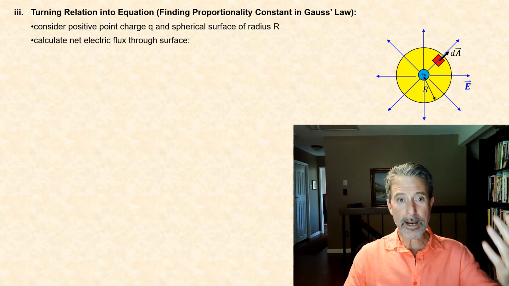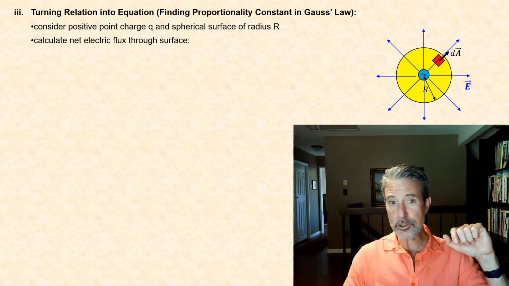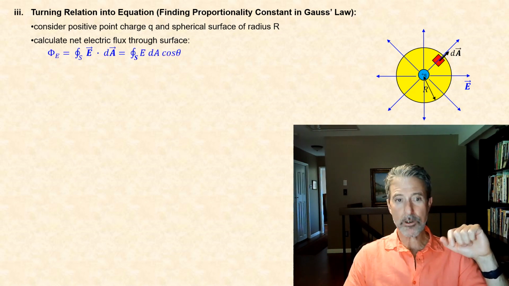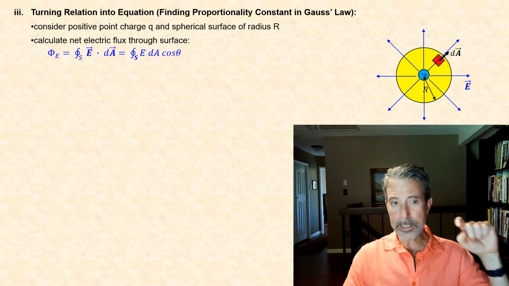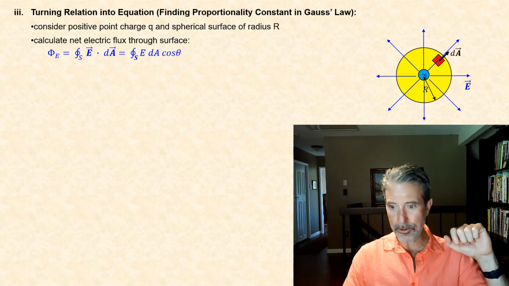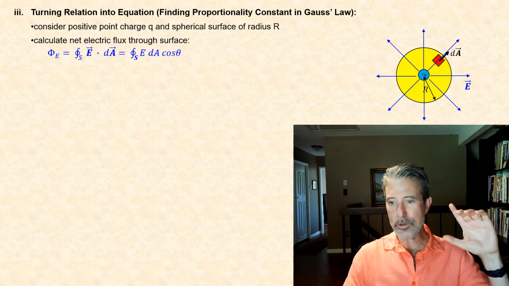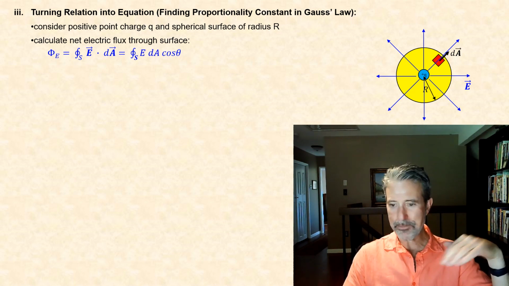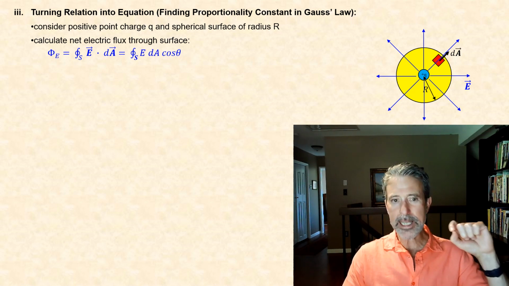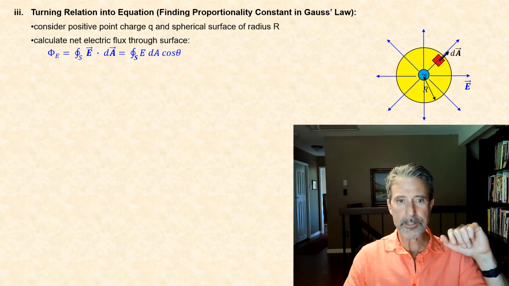So we're going to now calculate the net electric flux through the surface. Here is our quantitative definition of net electric flux written as a surface integral over that closed surface, and using the cosine theta, we can turn the vector product into a scalar. Remember that the dot product is a scalar product.